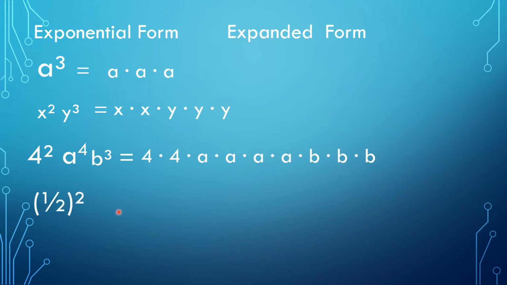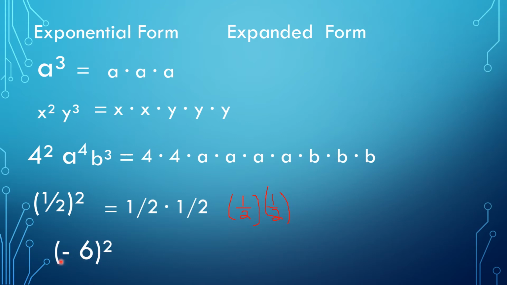And then 1/2 squared means you're going to multiply 1/2 twice. So that is 1/2 times 1/2. Or you can use parentheses also, like 1/2 times 1/2. The same thing with -6 squared.